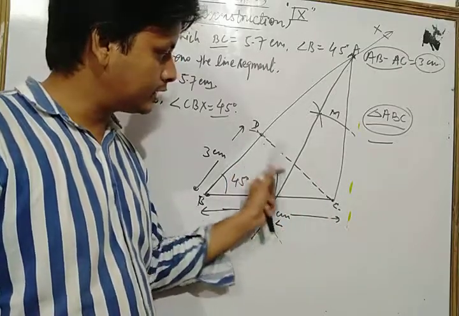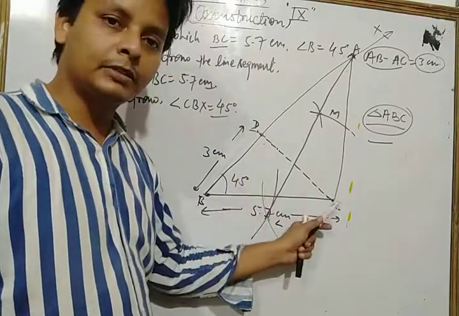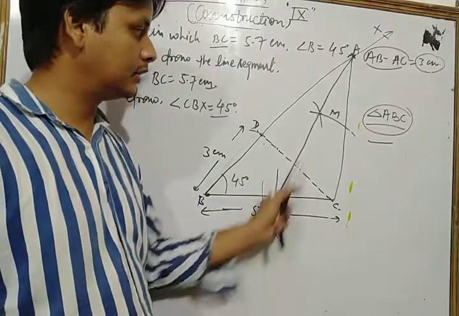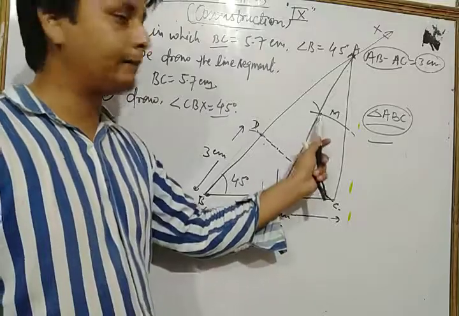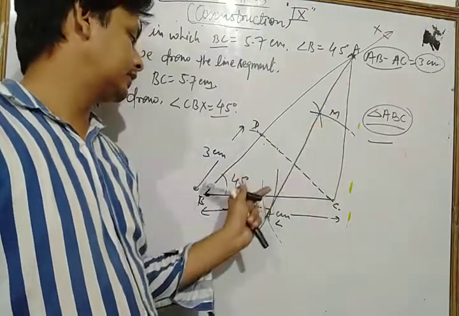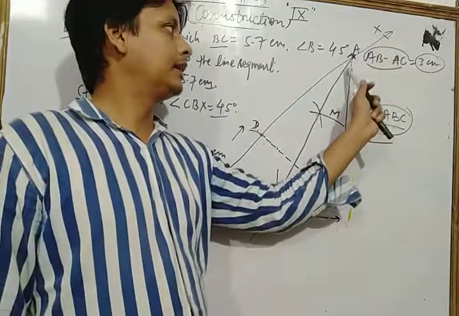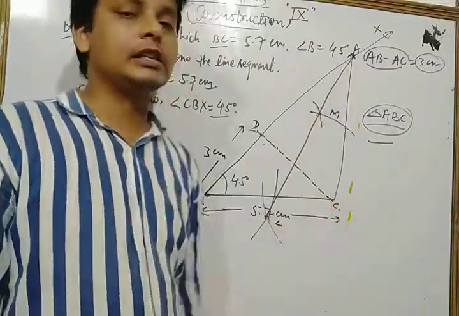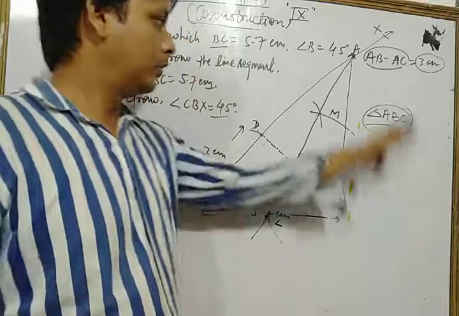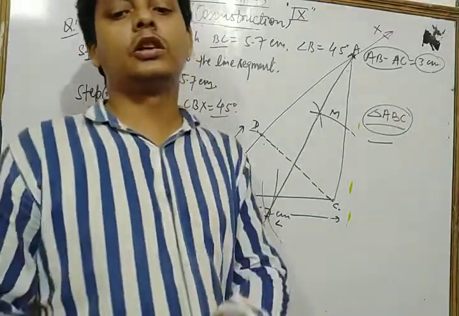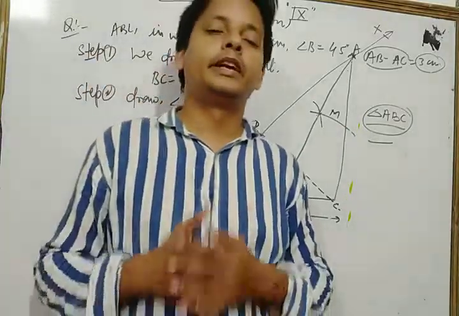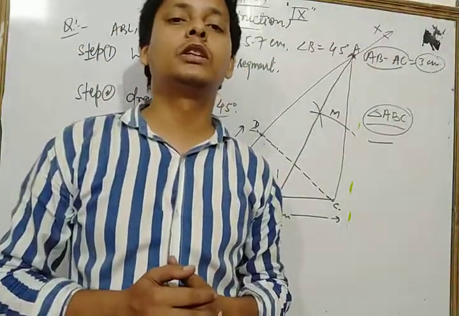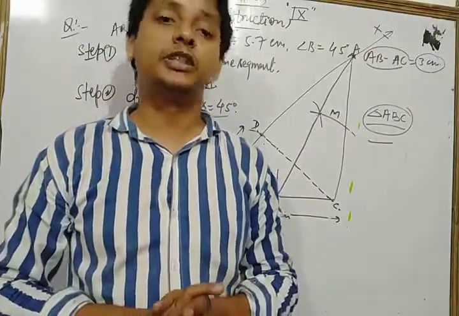After that we draw the perpendicular bisector of the line segment CD. If we join these points and produce to some distance, it cuts the previous ray BX at point A. Now we join the line segment AC. So this is the whole process to construct a triangle when its base, one base angle and the difference between the other two sides of the triangle are given.